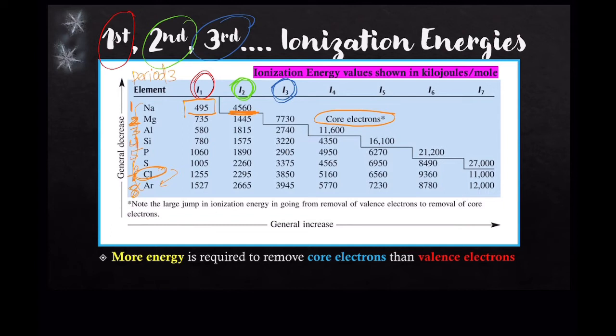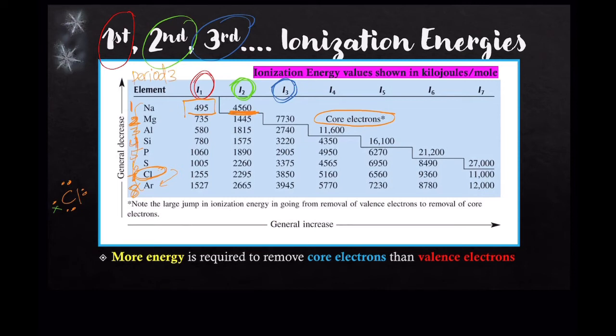If you recall the dot structure for chlorine, chlorine has 7 valence electrons. There's 1 empty spot left right here. This is where the electron that chlorine wants to gain will go.